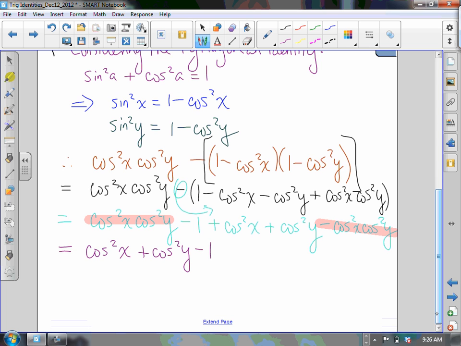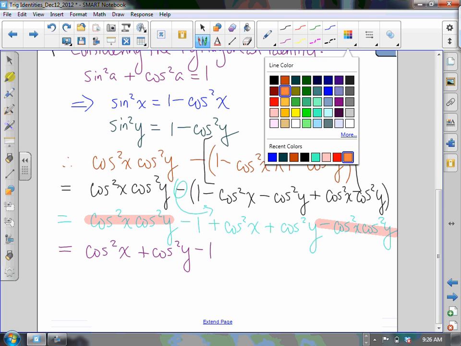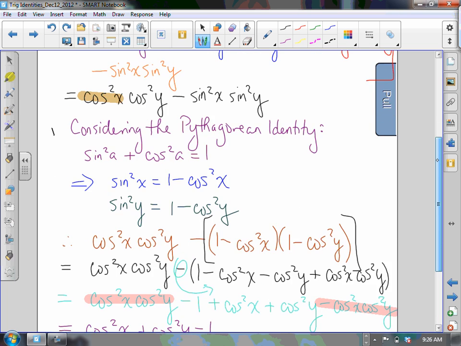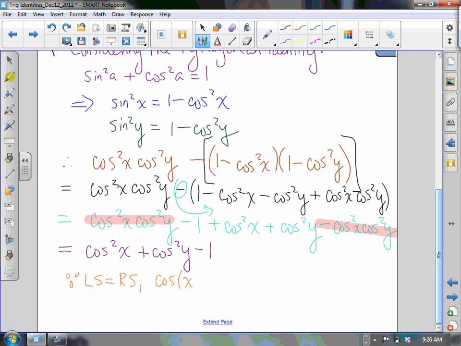So in conclusion, since the left side equals the right side, we can say that the cosine of x plus y, which came first, yes, it did, multiplied by the cosine of x minus y is equal to cos squared x plus cos squared y minus 1 for all values of x belonging to the real number system.